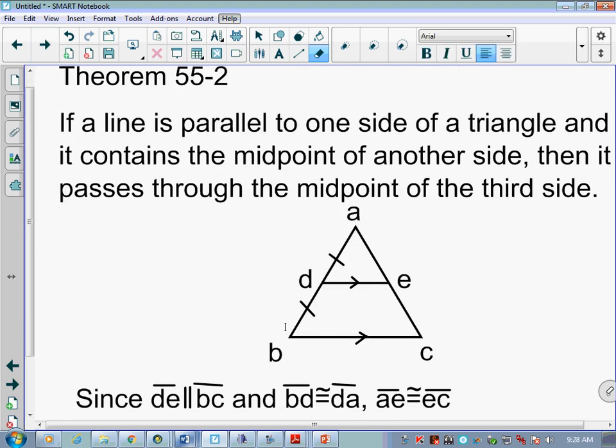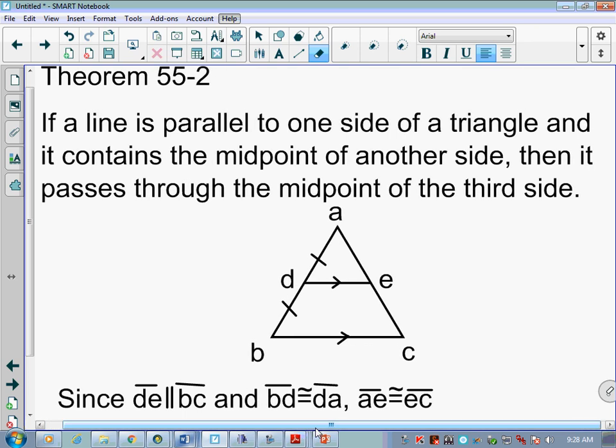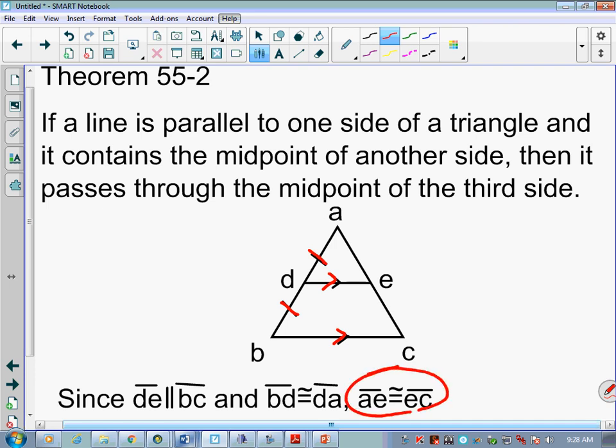Theorem 55-2. If a line is parallel to one side of a triangle, and it contains the midpoint of another side, then it passes through the midpoint of the third side. What they're saying is that since DE is parallel to BC, and BD is congruent to DA, therefore, AE is congruent to EC.